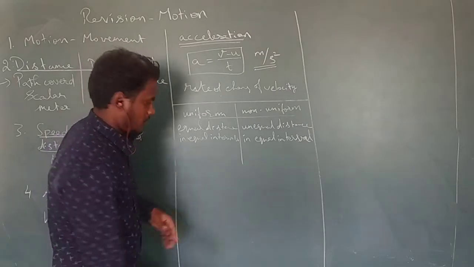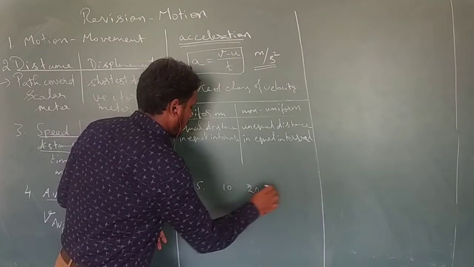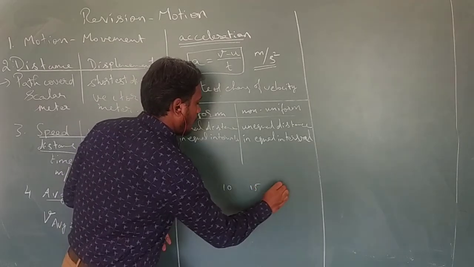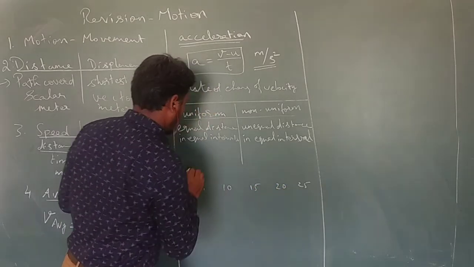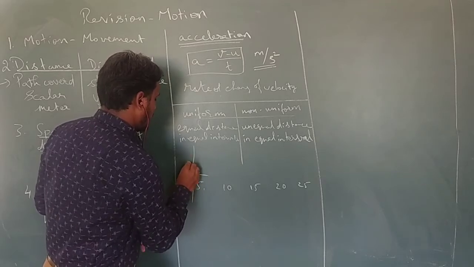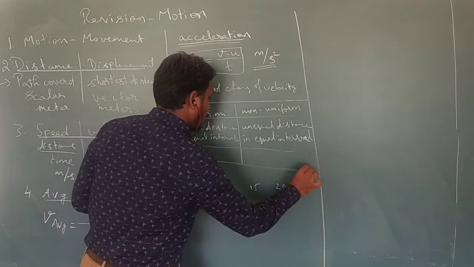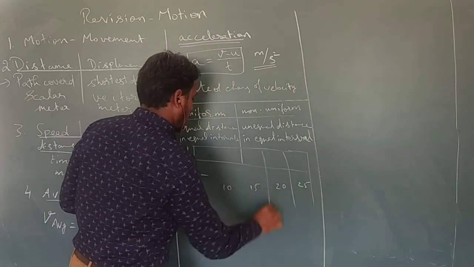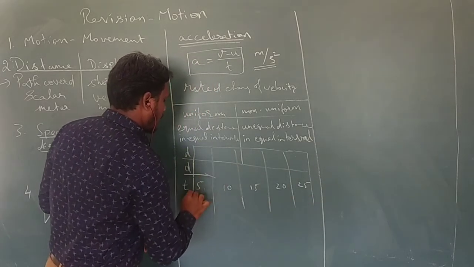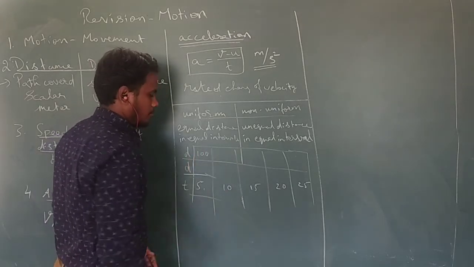Let's take common intervals of 5, 10, 15, 20 and 25 minutes as the time interval t. Let's take distance. There are two objects moving at different distances. One, in 5 minutes, has moved, let's say, 100 meters.